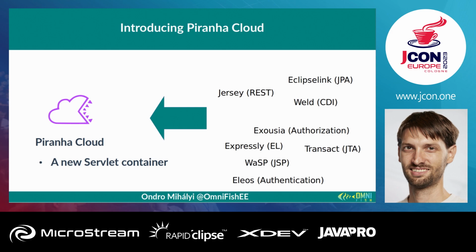Piranha Cloud is a framework based around a completely new servlet container written from scratch, optimized to run fast and start fast and be easy to use, not dependent on anything else. So it's just a servlet engine. It doesn't even depend on HTTP. So you can execute it within your application and get some servlet response, and then just do something with the HTML probably or JavaScript that it generates.